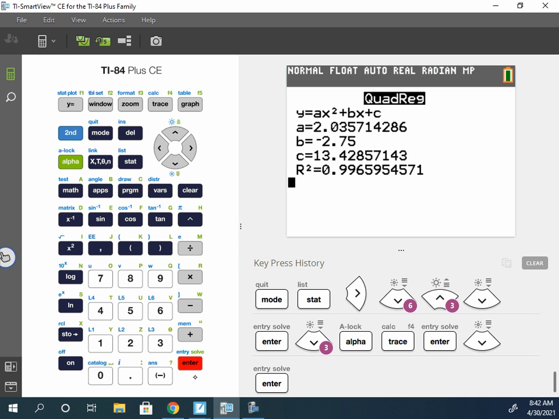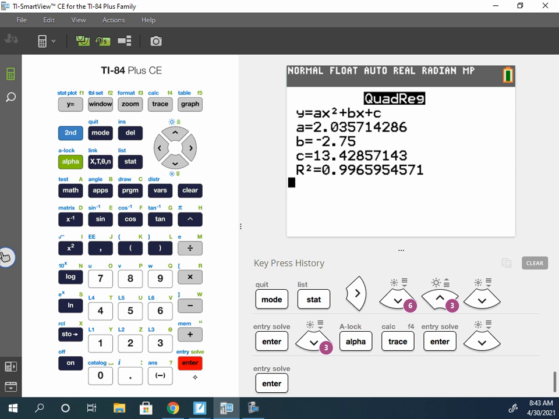Now, r squared, y'all see that at the very bottom? That is what we turned on when we turned on diagnostics. Now this r squared number, and it sometimes gives us r, is telling us how close the numbers are to the equation.